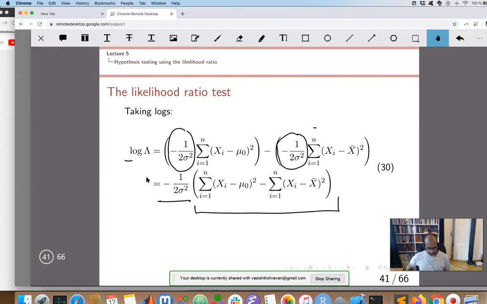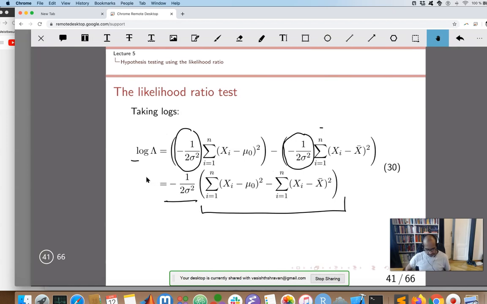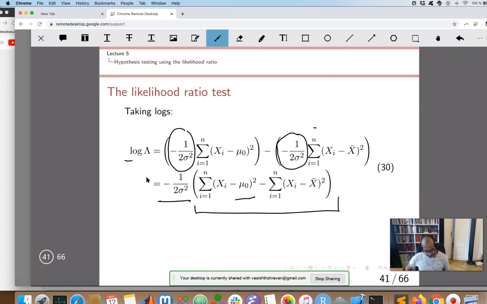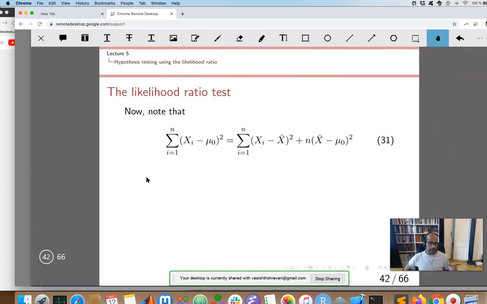Now, what do I do with this expression? Well, one thing to notice is that this expression here can be rewritten in a very interesting way. This is a very interesting trick in statistics. You will see this many times in the literature if you read textbooks on stats.